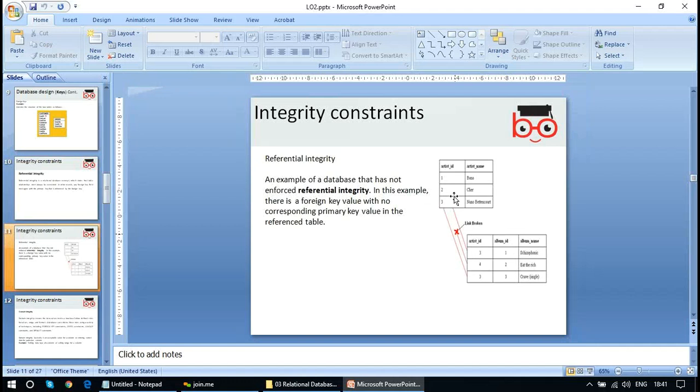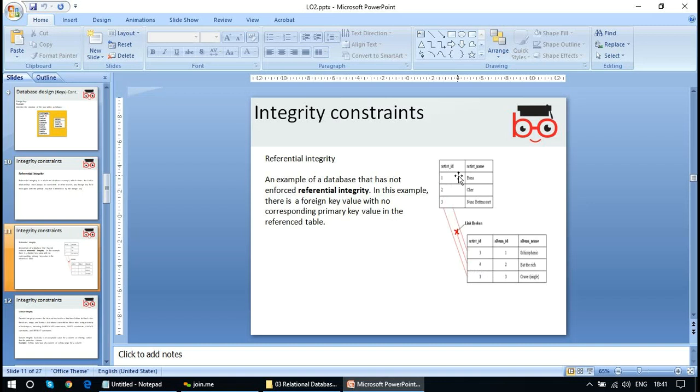So for every key you are going to refer to, let's say the artist ID values are 1, 2, 3. At no point can you use a 4 if artist ID 4 does not exist in the other table.